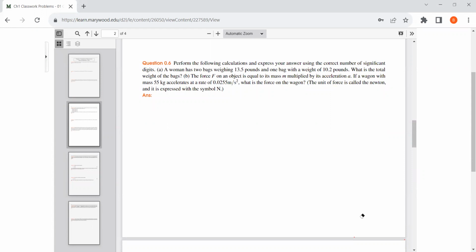Now this is about significant figures. Perform the following calculations and express your answer using the correct number of significant figures. A woman has 2 bags weighing 13.5 pounds and 1 bag with a weight of 10.2 pounds. What is the total weight of the bags? So for A, she has 2 bags of 13.5 pounds and 1 bag of 10.2 pounds.